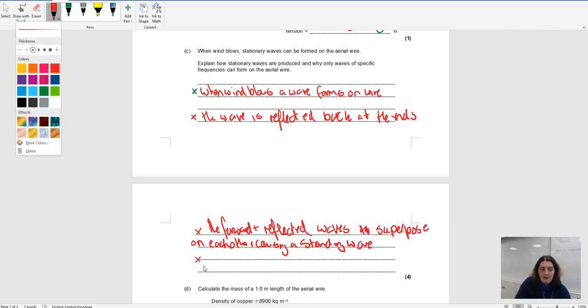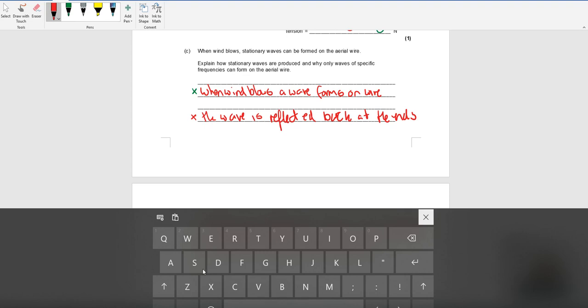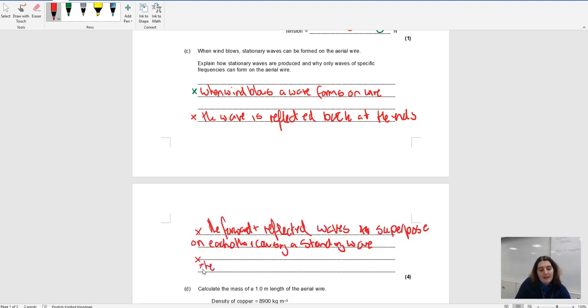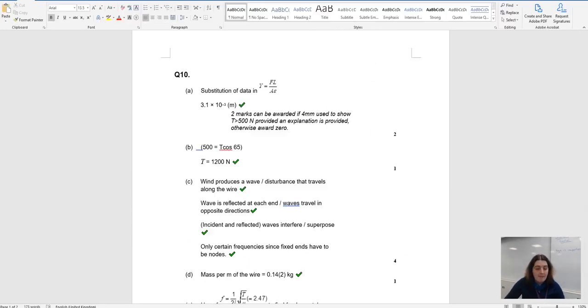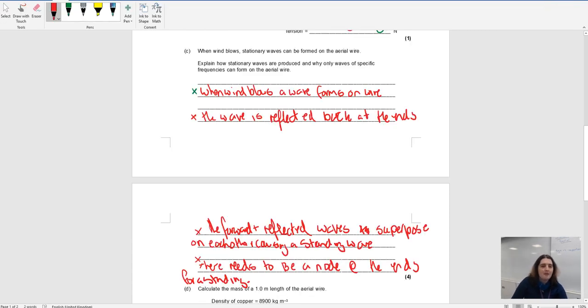There needs to be a node at the ends for a standing wave. So this is important: for a standing wave, there must be a node at the 2 ends. As you can see here, only certain frequencies, since fixed ends have to be nodes. So this kind of thing, explain.